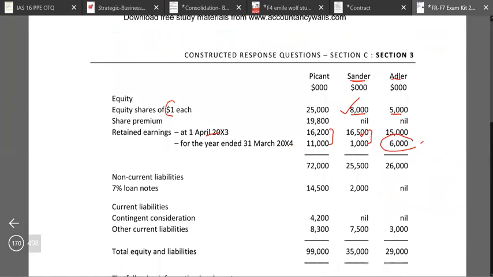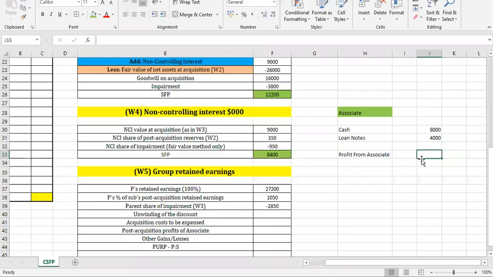So 6,000 into 6 by 12, because it's 6 months. So 6,000 into 6 divided by 12 gives you 3,000. So the figure from the associate should be, it's 15,000.